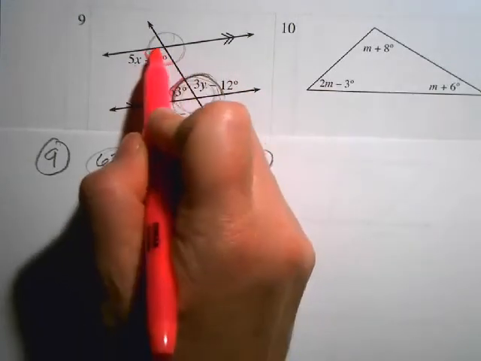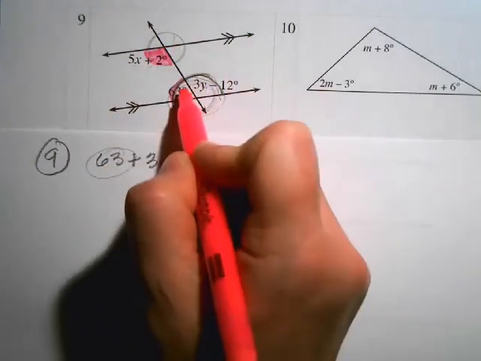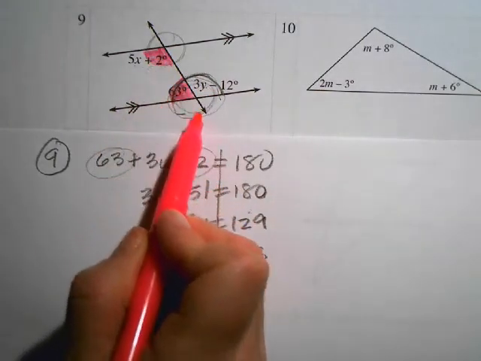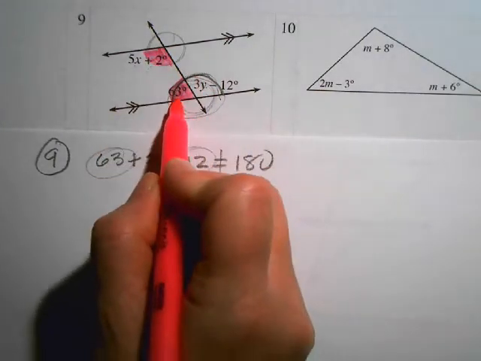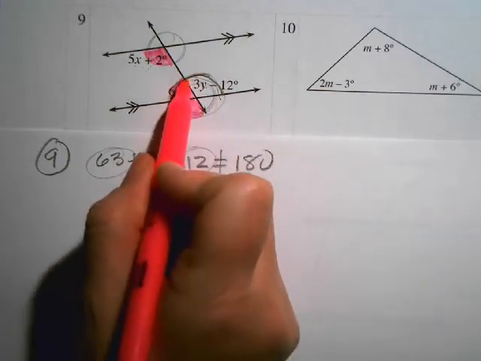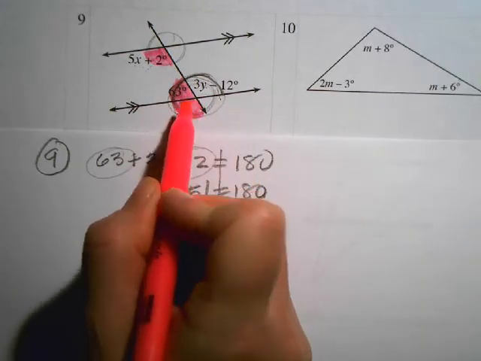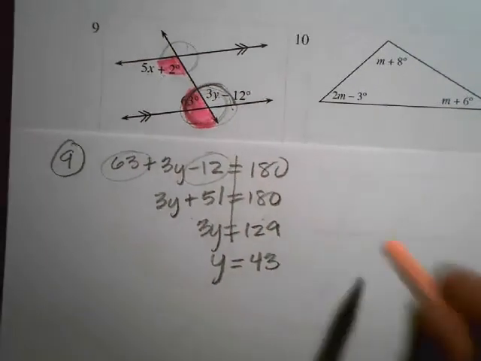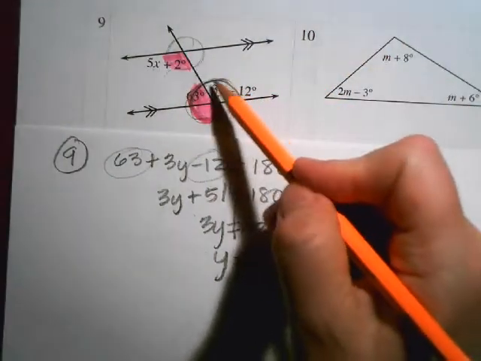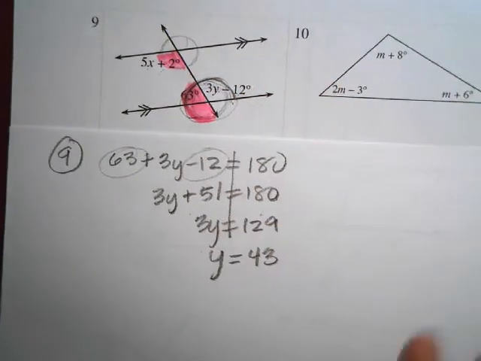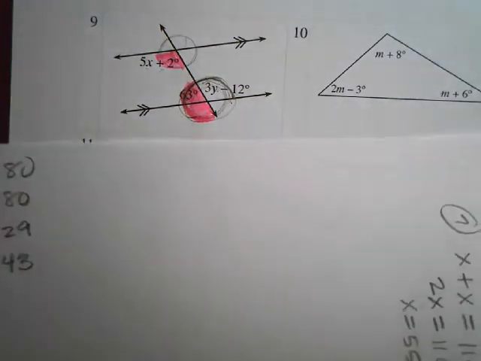I know that these two angles are going to add up to 180, because if I were to trace this and slide it down, it would match this angle right here. So I know that these two together are going to add up to 180. You could also plug in 43 for y and figure out what this angle is right here, and these two angles are going to be equal to each other. So there's more than one way to do this.